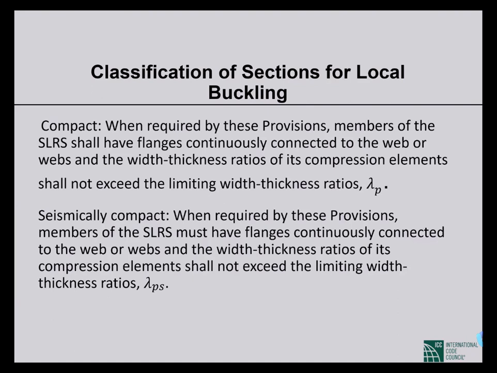Not only lambda p, we want to be more conservative. We want to have another, more conservative width thickness ratio called lambda ps, lambda p seismic. We want the width thickness ratio to be less than this lambda ps to ensure that those seismically compact sections will definitely yield. We don't even allow inelastic buckling in those.